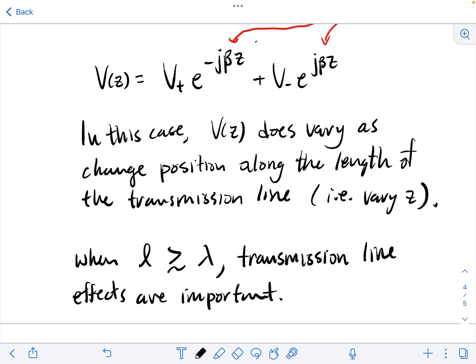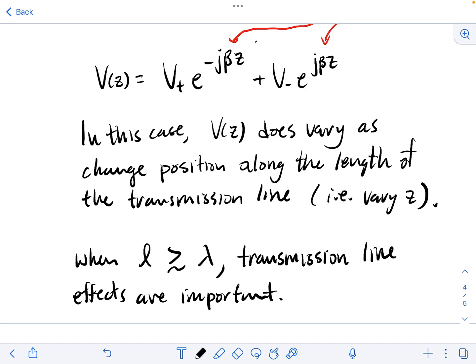And although the frequency is very low, 60 hertz, if you have hundreds of kilometers of wires, then there can be transmission line effects to take into account. All right. So that's the first thing that I wanted to discuss.